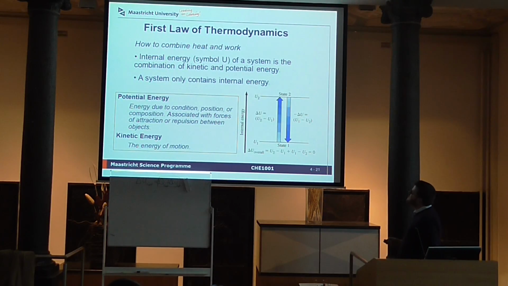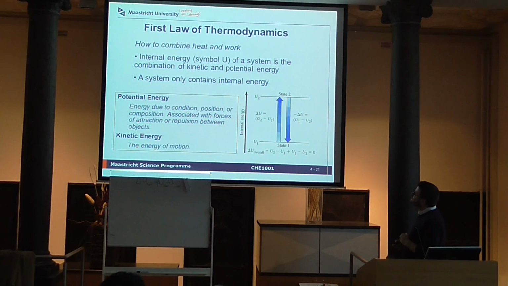And like I've just said, internal energy is the combination of kinetic and potential energy. The potential energy is the energy locked in the bonds of the molecules in the system, and the kinetic energy is the energy of motion, not just the energy of the molecules moving around if it's in the gas phase, but also the vibration of the atoms.